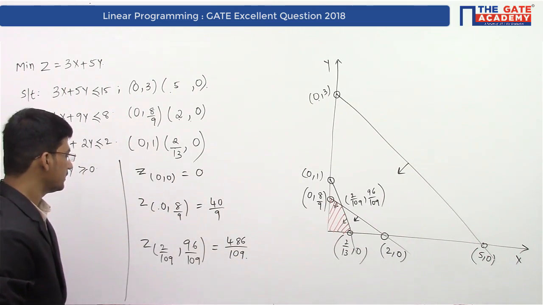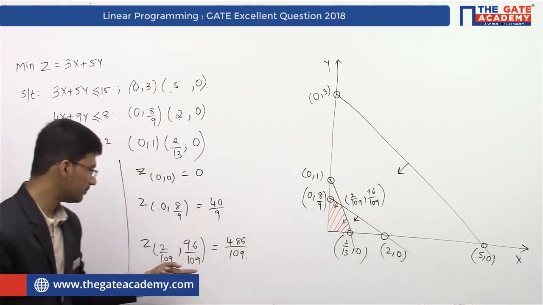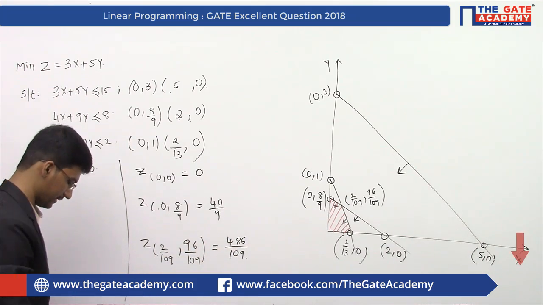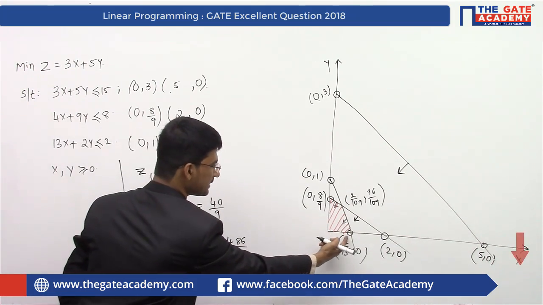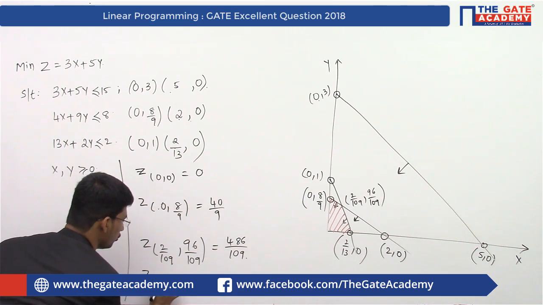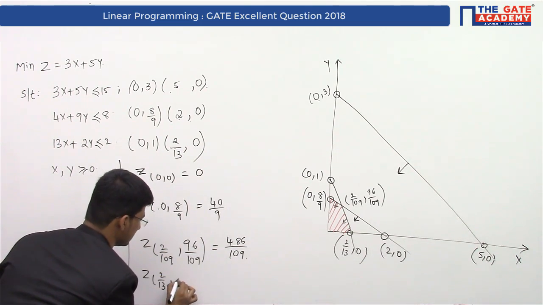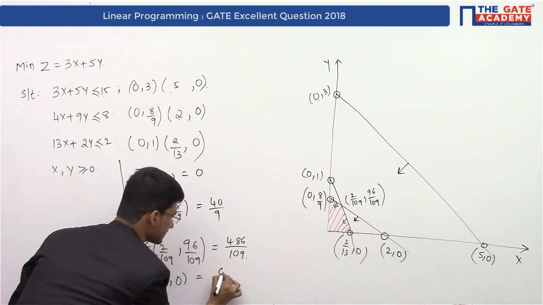So now at this particular point, your z value will be 486 by 109. Now again the last point is this one, z at 2 by 13, 0. This will be 6 by 13.